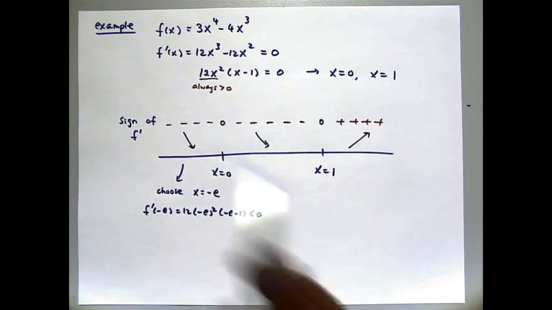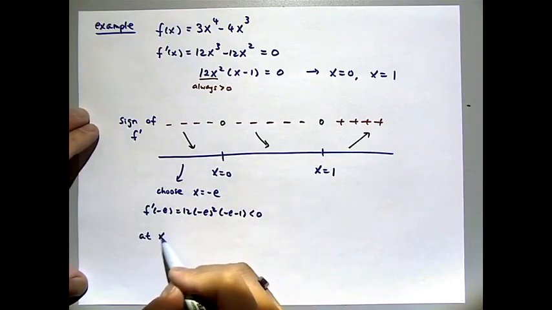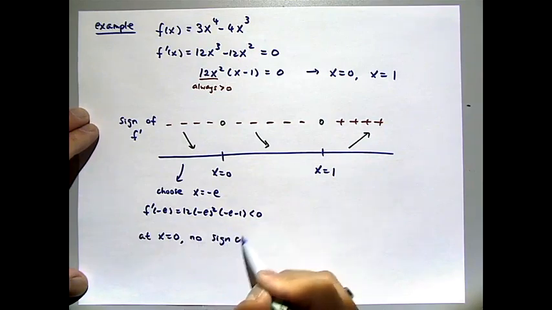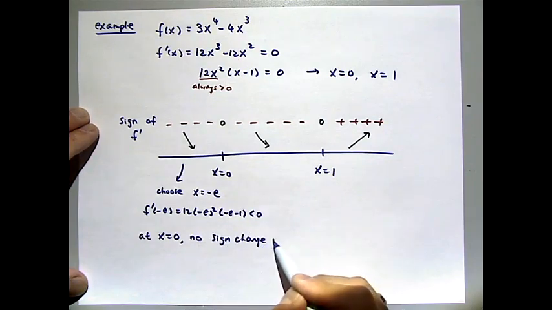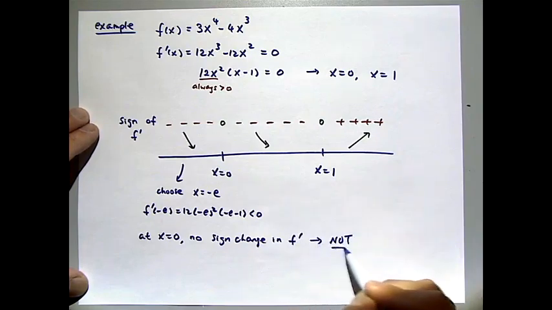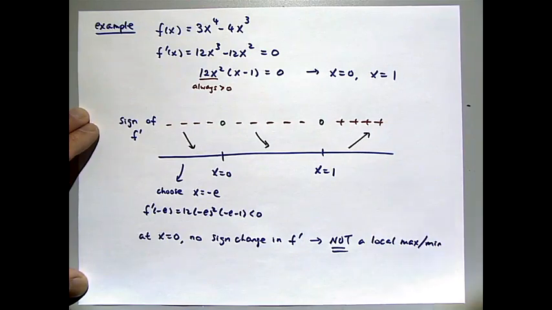This is not a local maximum or minimum. At x equal to 0, no sign change in f prime. So it is not a local max or a minimum.